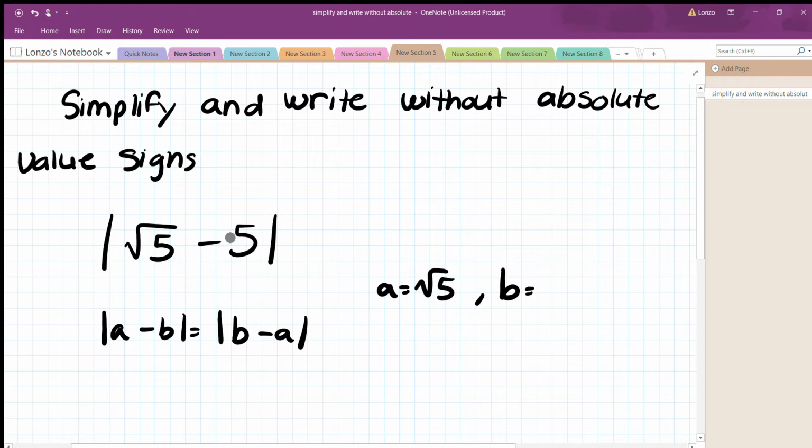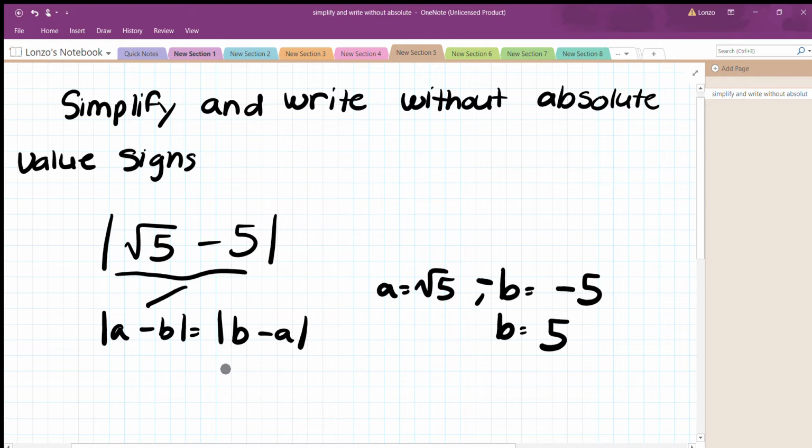This is actually negative B, and negative B is negative 5. So our B is just positive 5, right? This thing is in this form, A minus B. So our B is just regular 5, not to be confused with negative 5.